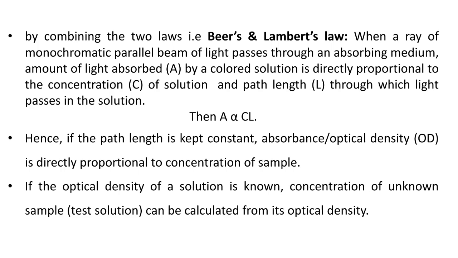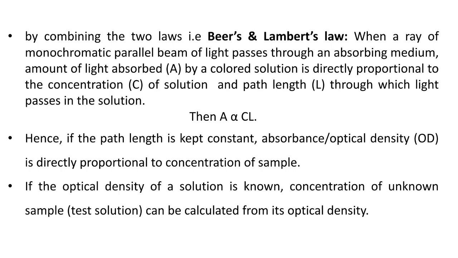So the absorbance A is directly proportional to C and L, that is the concentration and path length of this solution. Hence, if the path length L is kept constant, absorbance or the OD optical density is directly proportional to the concentration of the sample. So if the OD of the solution is known, the concentration of unknown sample or test solution can be calculated from its optical density.